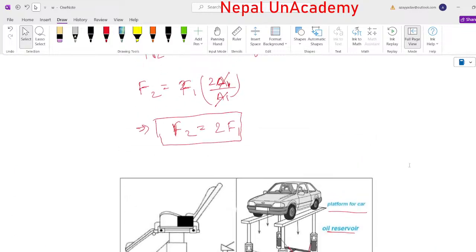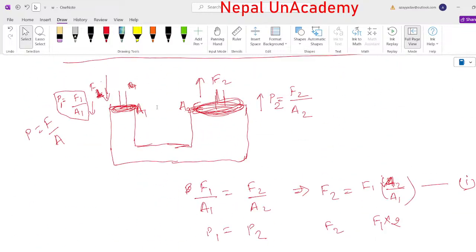This is the basic concept, how a smaller piston applies force. When we apply force on a smaller piston, it will exert a high force on the larger piston.